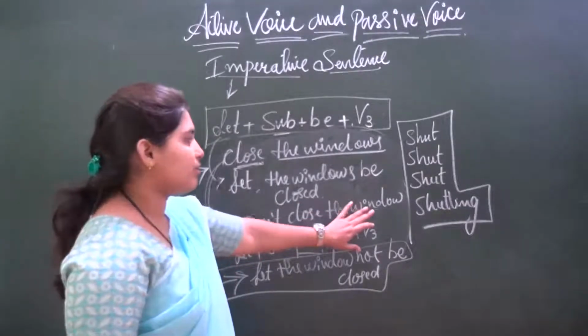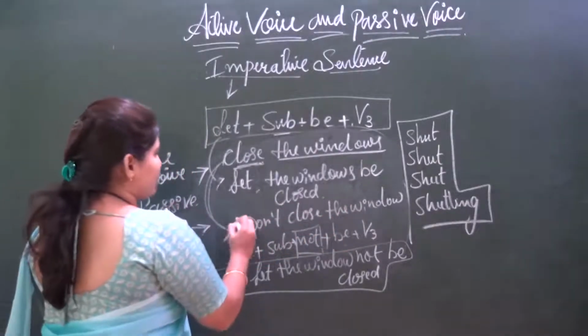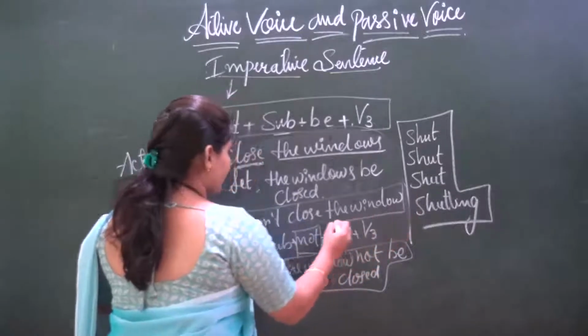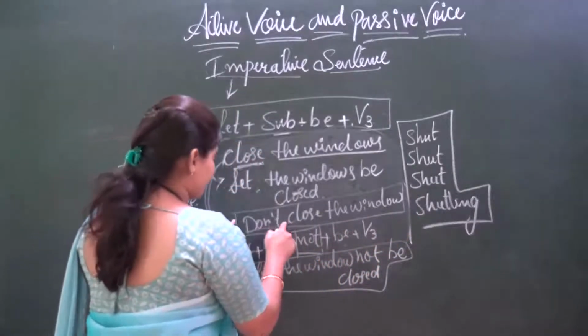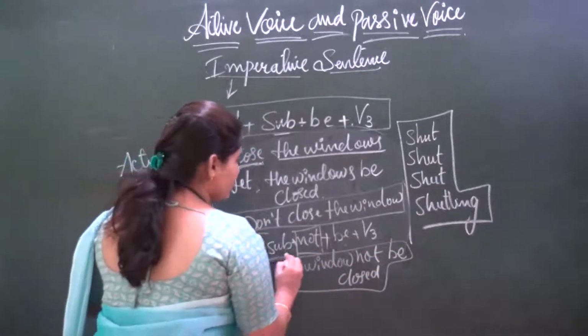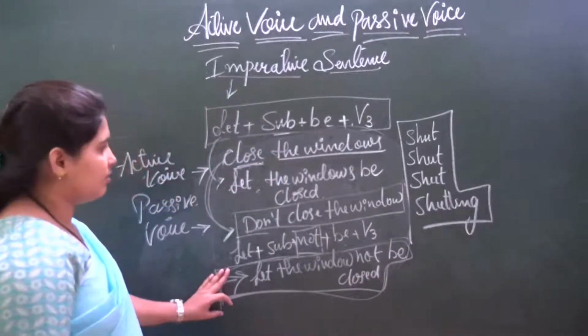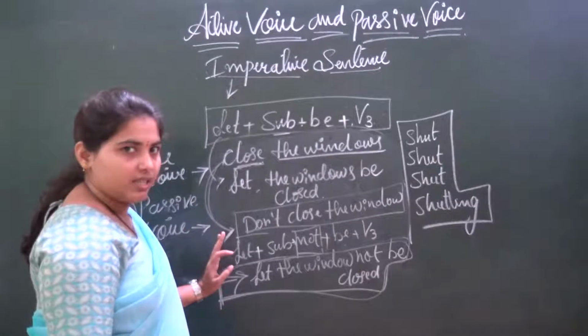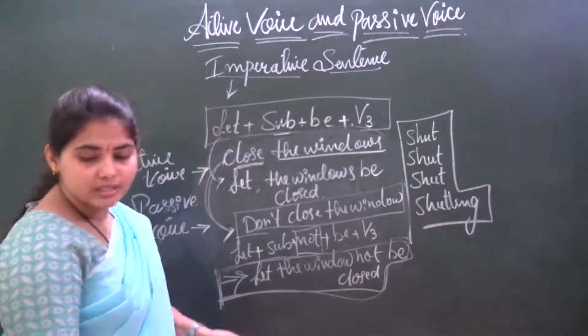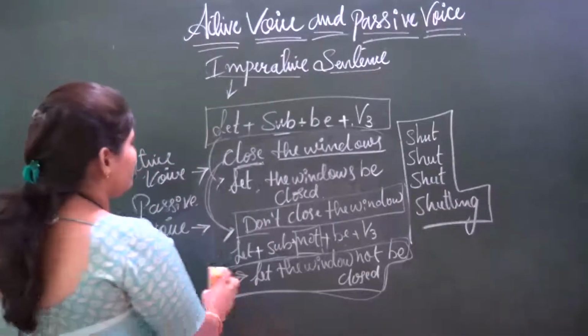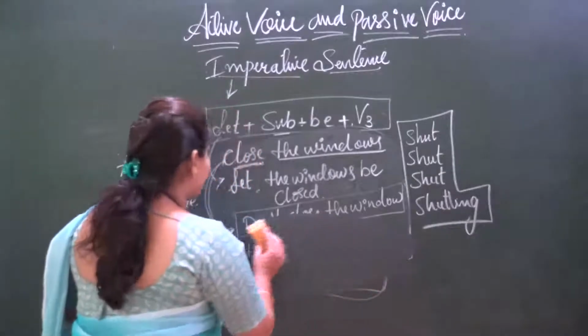Don't close the window: this is the active form of the negative structure, and this is the passive form of the negative structure. I hope you are understanding the imperative sentence. Now let's go to another example.